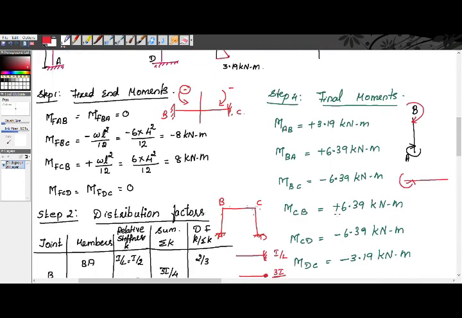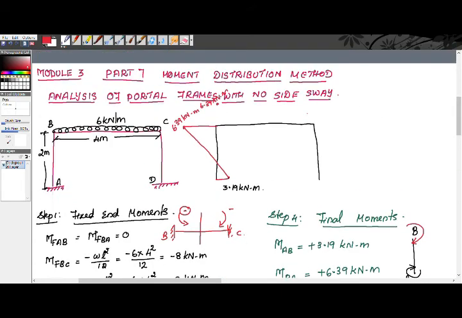For CB, it is plus. You will draw a clockwise moment. It is pointing towards the up, so it is plus 6.39 kilonewton meter. So for the span BC, it is like this.